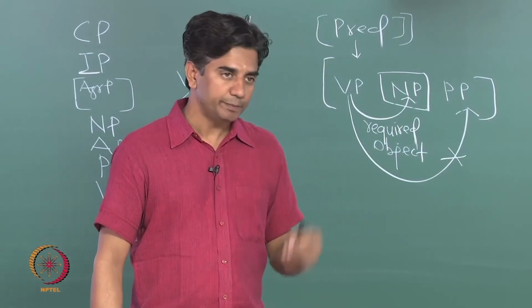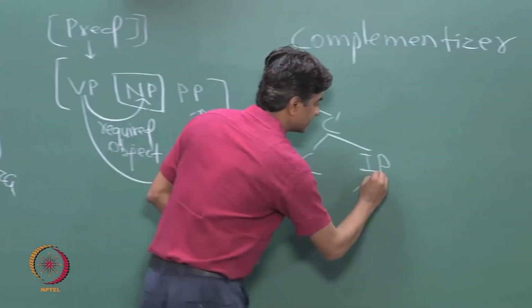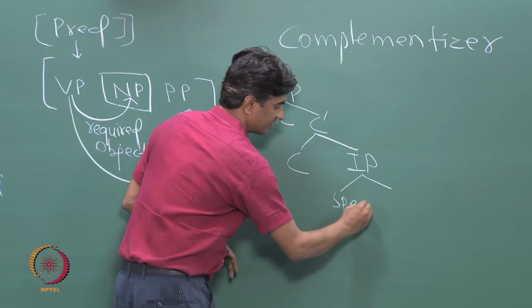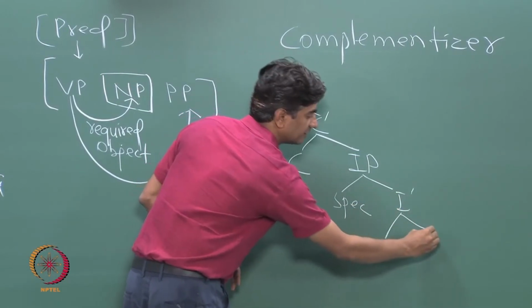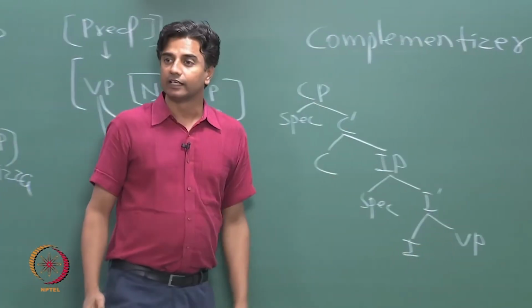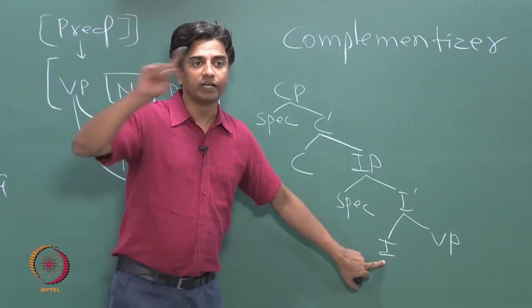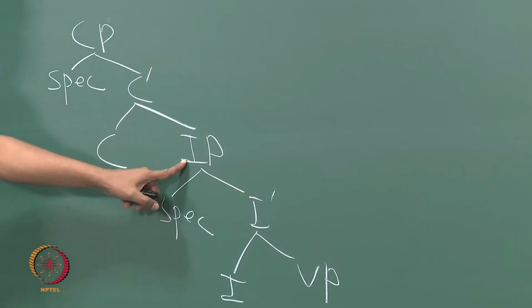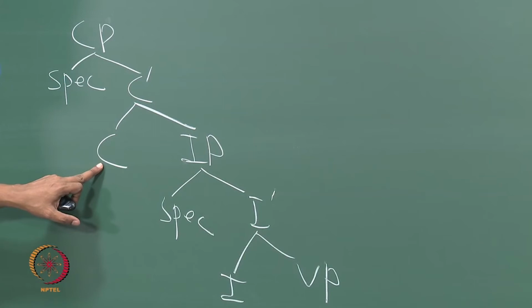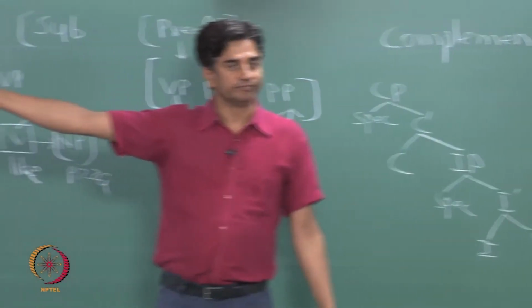Okay? CP is more than an IP. You have seen what an IP is, right? Specifier, I bar, I and VP. Like VP is the complement of I, the bundle of features, IP itself at times, not all the time, at times, complement of complementizer, like that.